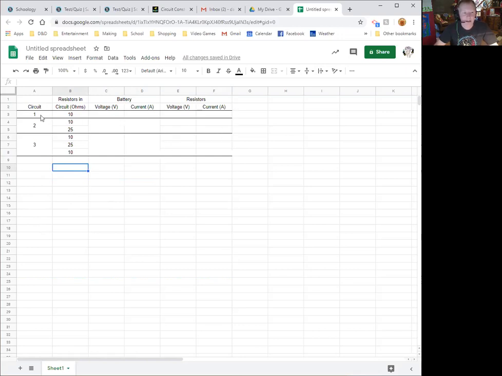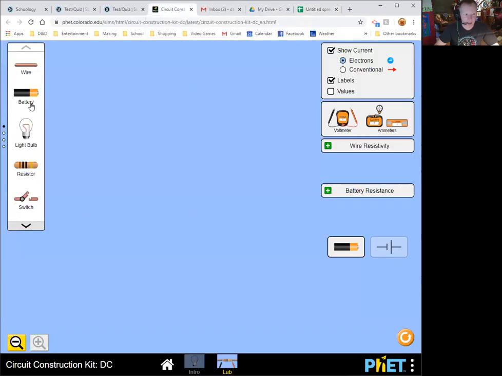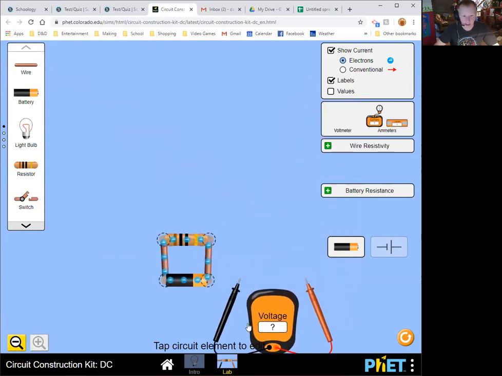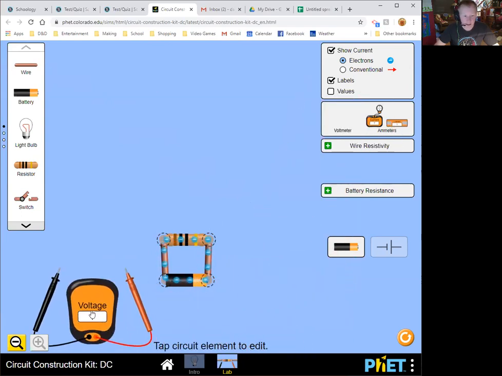When we start this off, we have a circuit with just a battery and a 10 ohm resistor. This will look exactly the same as how we started it last time. So I'm going to drag a battery down, pull in my resistor, and bring up my wire, and it flows. I want to measure voltage again. I can keep it over here.